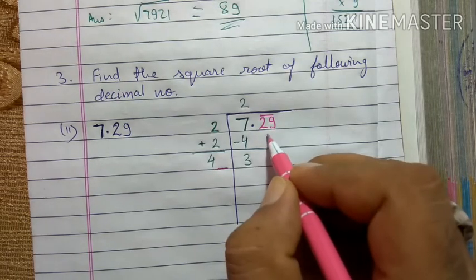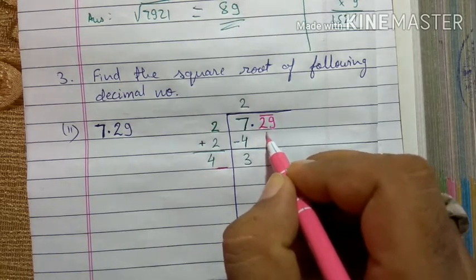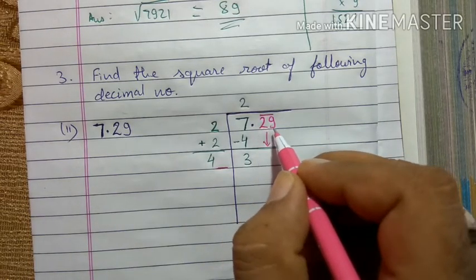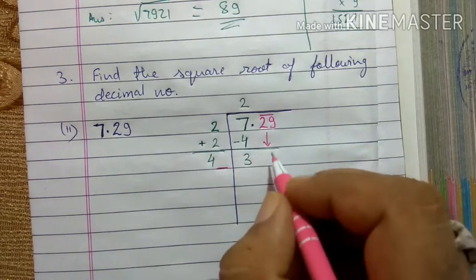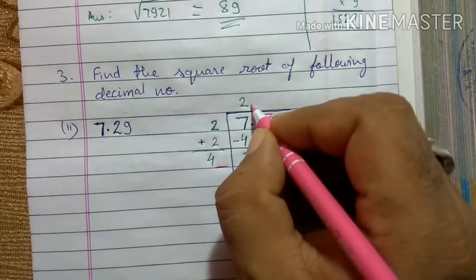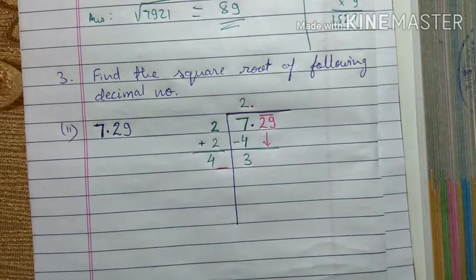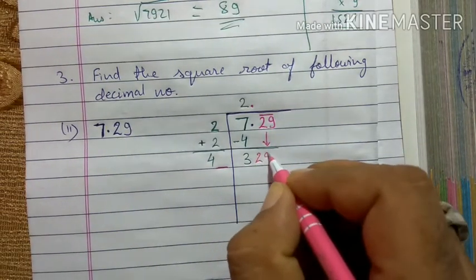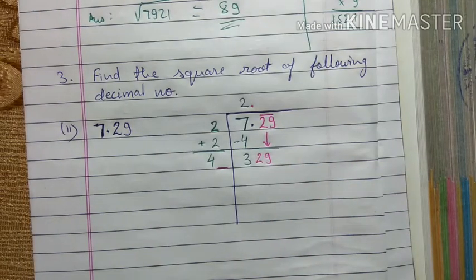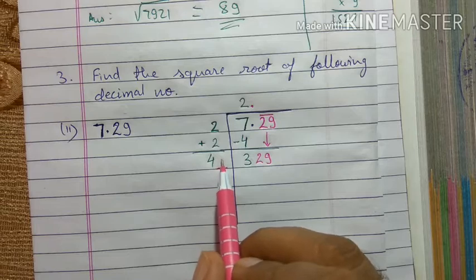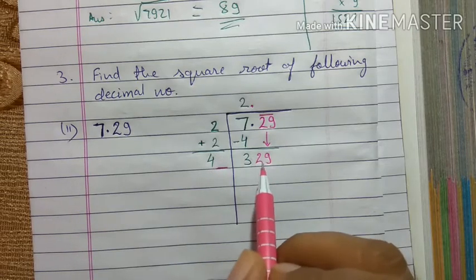After that we carry down this whole pair, that is 29, and since 29 is a decimal part, before putting it down we have to put a decimal point in the quotient. So it becomes 2 point, and then 29 is carried down. After this we have to select a digit that gives this result.